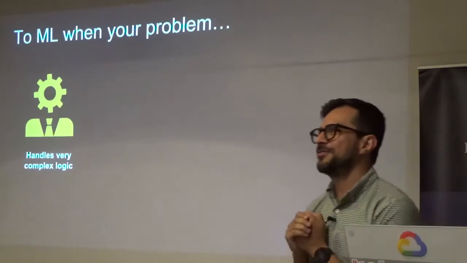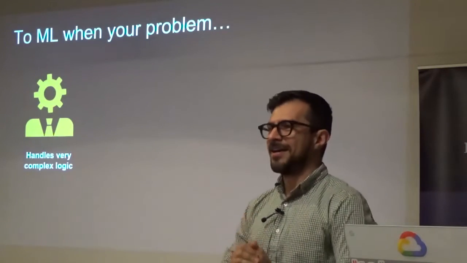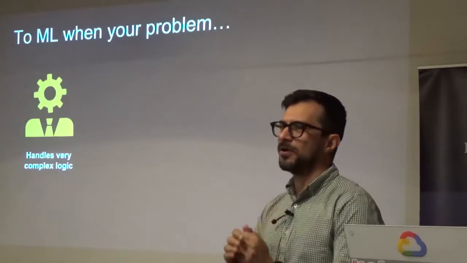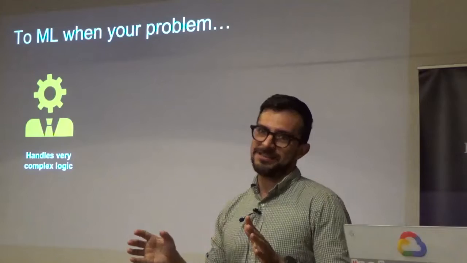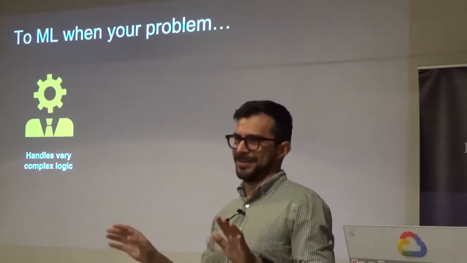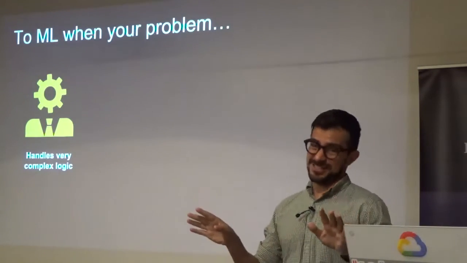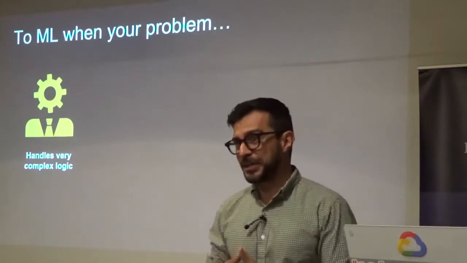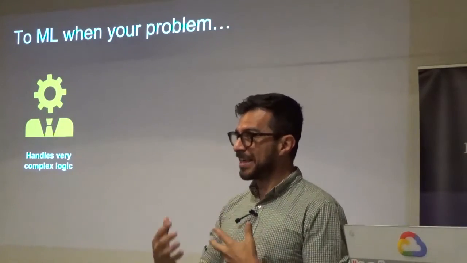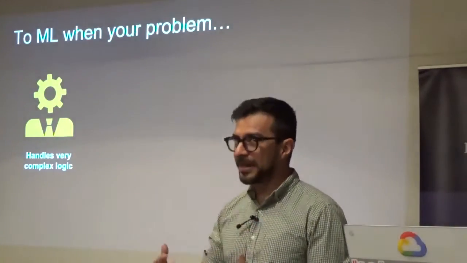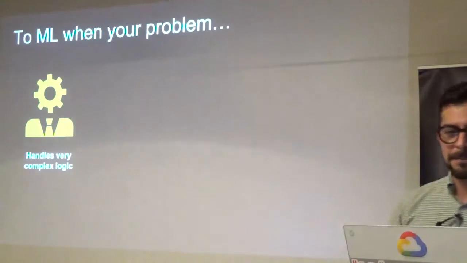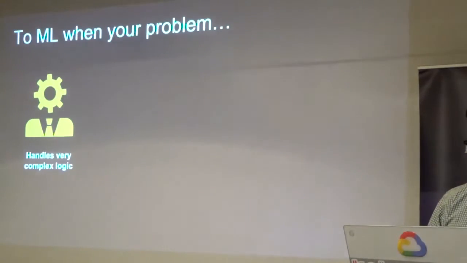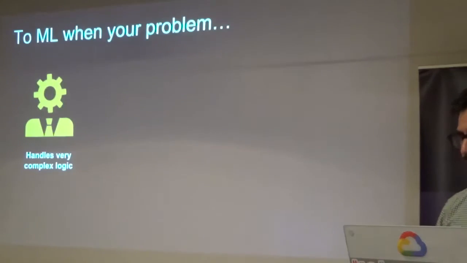If you can solve whatever problem you have with rules, with if statements, even if there are 20 if statements, use them. Really, because machine learning is a complex process. So try to figure out if you have a problem that is very, very difficult to solve with rules.